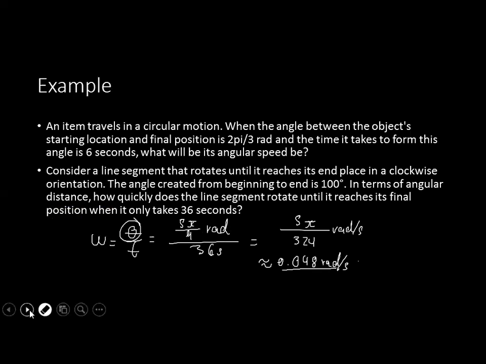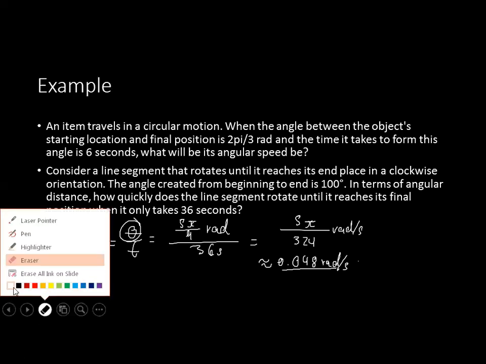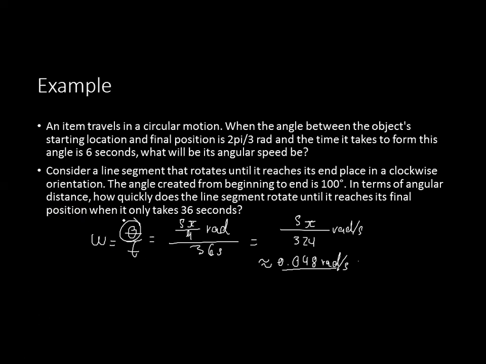You get me? Because in this case, we're talking about angular speed, right? So we have angular distance and time. So we have to make sure that in here, the angle should always be present. And angle here is not in degrees, so rather it is in radian. Since it is an angle, it's better to represent it as radian per second. So this shows the change in angular distance. Just like for the linear speed, it's about change in distance, right? So meters per second, kilometers per second.